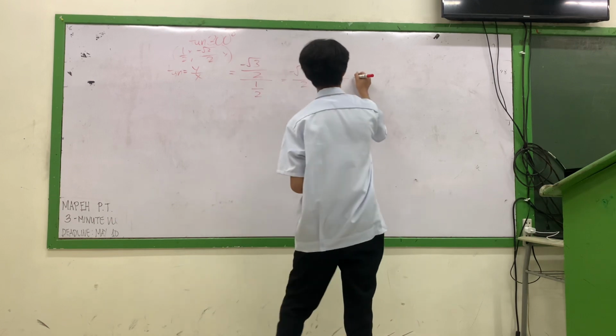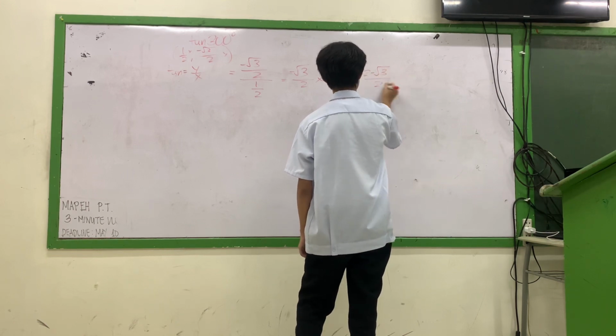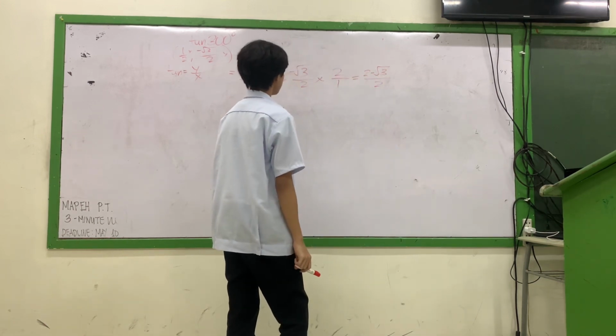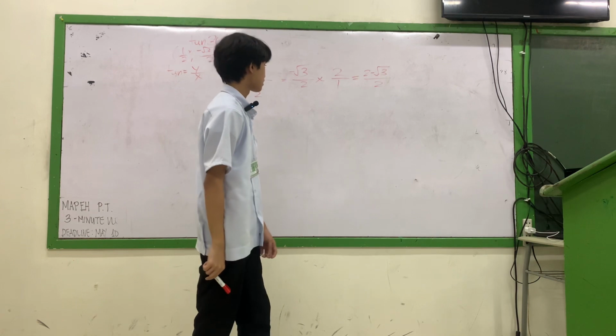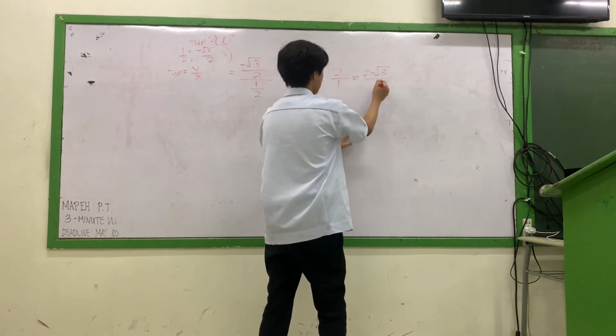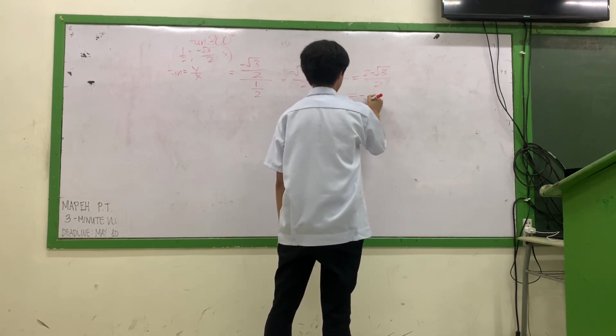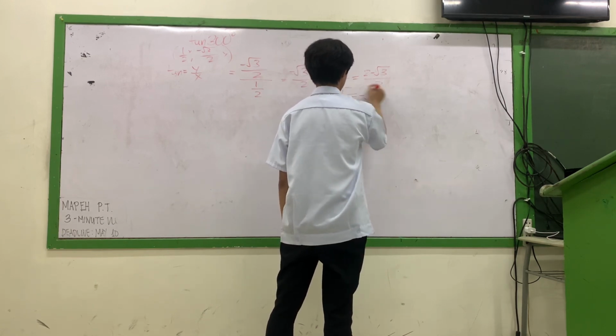And when we multiply, that would be 2 multiplied by square root of 3 over 2. Because we have similar integers, which are 2, we can simply cross that out, and we'll have our final answer, which is negative square root of 3.